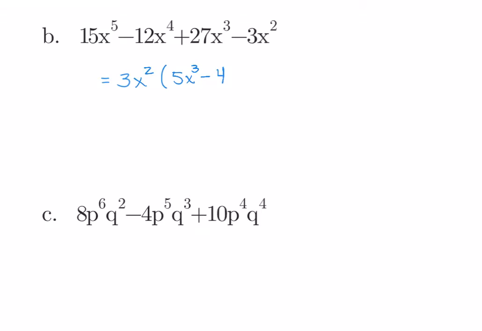X to the 4th, if you take out x squared, you will be left with x squared. 27 divided by 3 is 9. X cubed, if you take away x squared, you are left with just 1x. Minus 3x squared divided by itself is 1. Note if the whole term factors out, you are left with 1 because we are dividing. And we're done.